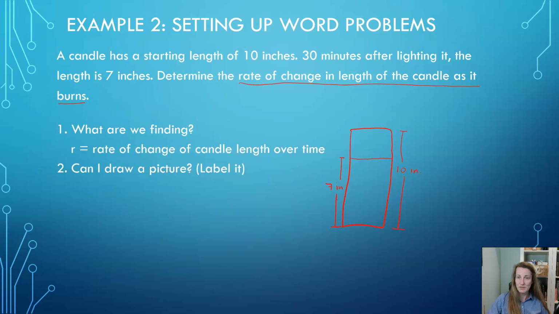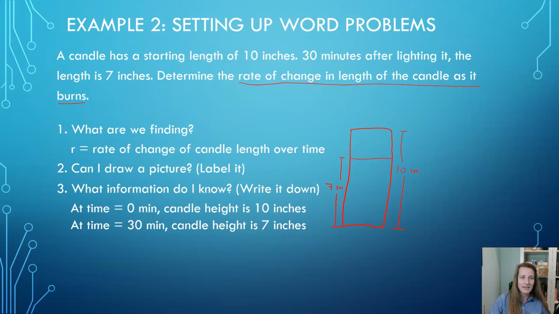Okay, I've drawn my picture. I've labeled it. And step number 3, what information do I know? Write it down. I know that at time 0 minutes, the candle is 10 inches tall. I also know that after 30 minutes, so at time 30 minutes, the candle is now 7 inches tall.